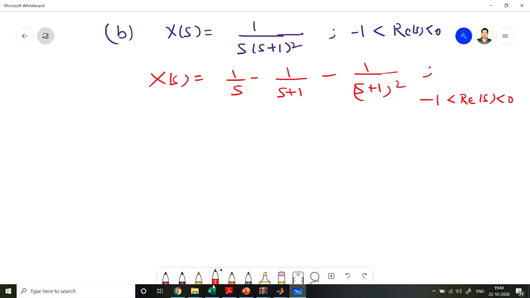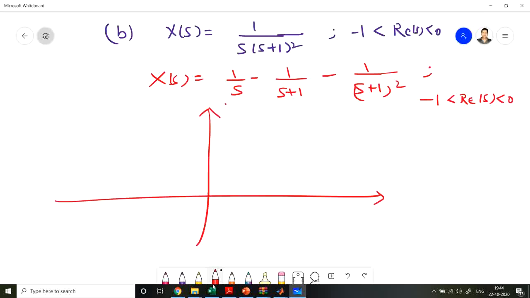Now if we plot the ROC, then we can visualize this problem better. So for better visualization of the problem, we can plot the ROC. The ROC is real part of s less than 0 and real part of s greater than minus 1. These are two conditions.